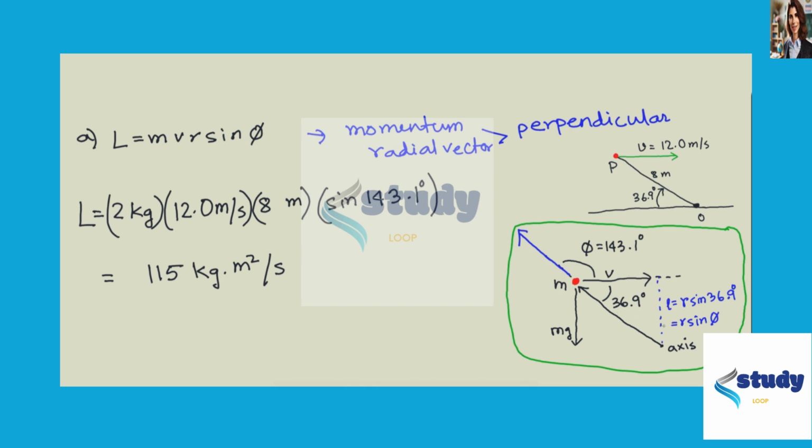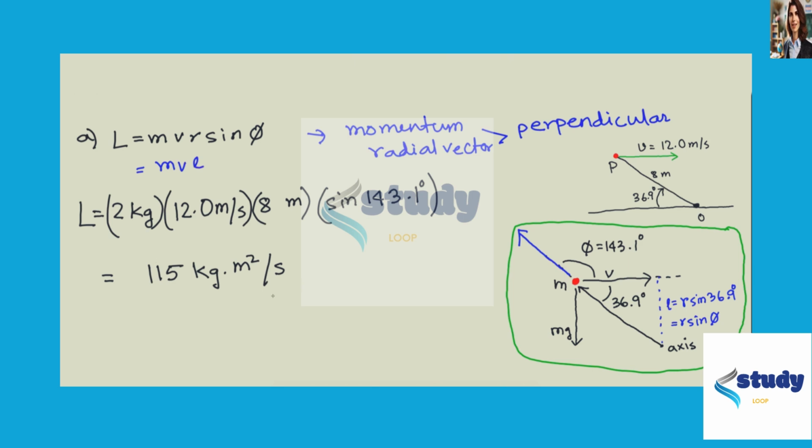So that's why we're taking the perpendicular component of this r vector, which is r sine 36.9, and it turns out that this is equal to r sine phi. So that's why we are considering L here, where we could have also written that in terms of m v l. So yeah, that's how we got the angular momentum.